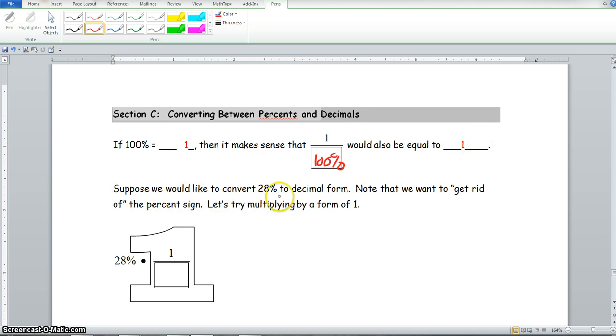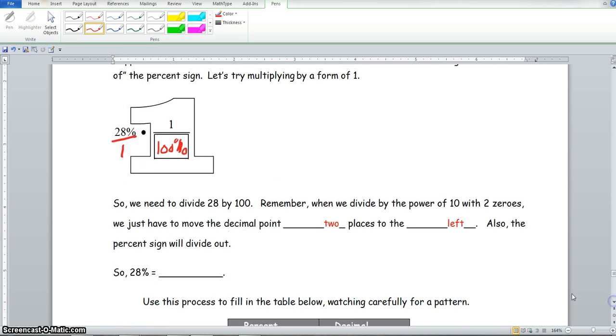Suppose we would like to convert 28% to decimal form. Note that we want to get rid of the percent sign. Let's try multiplying by a form of 1. So we add 28% times 1 over 100%. Now, we could put this 28% over 1. So we need to divide 28 by 100.